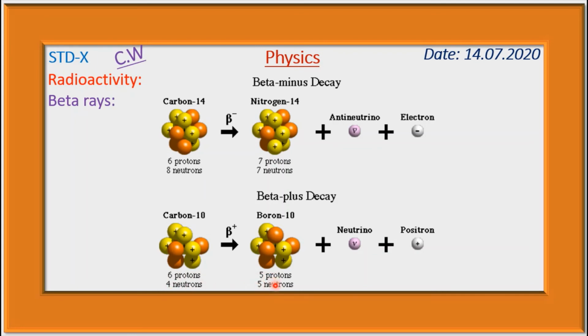Here 5 protons and 5 neutrons. 5 protons means boron. Now the mass number is 5 plus 5 is equal to 10. From a proton, a neutron plus a neutrino plus a positron will be produced. Here the positron will be emitted from the nucleus, therefore it is positive beta decay.